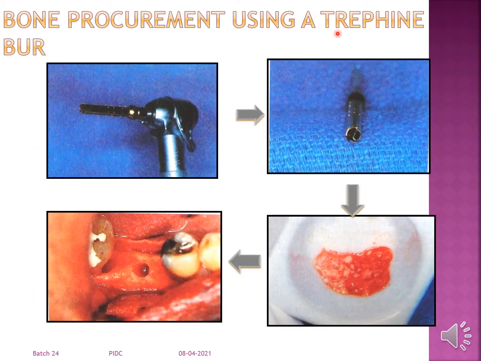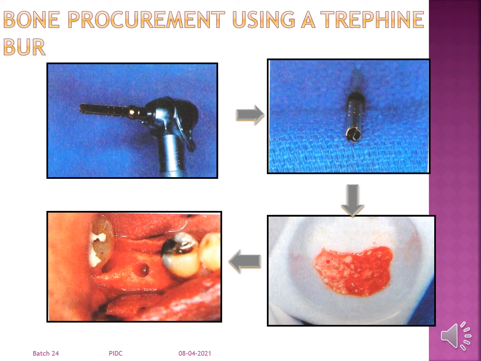So how do you procure a graft using a trephine bur? This is a trephine bur which can be inserted into the bone. You can see the bur has a hollow channel inside, with a cutting edge around it. When inserted into the surface of the bone like this, it takes away a chunk of bone.